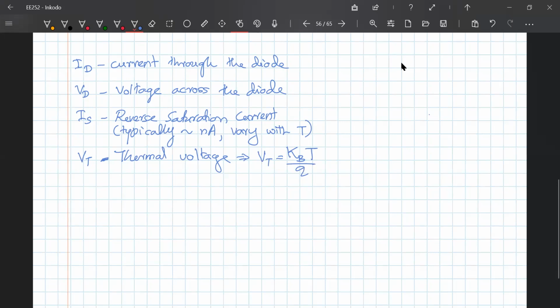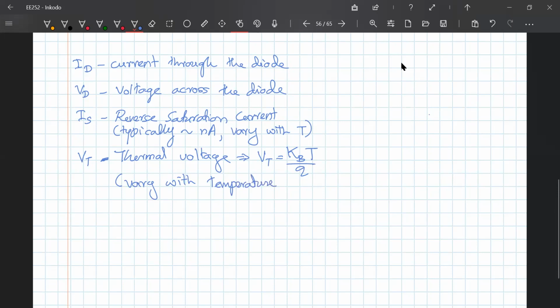So this also depends on the temperature, right? VT, the thermal voltage, varies with temperature.